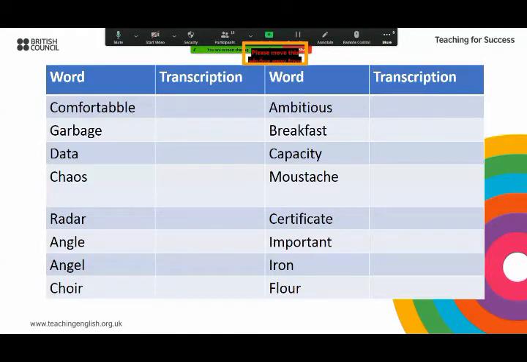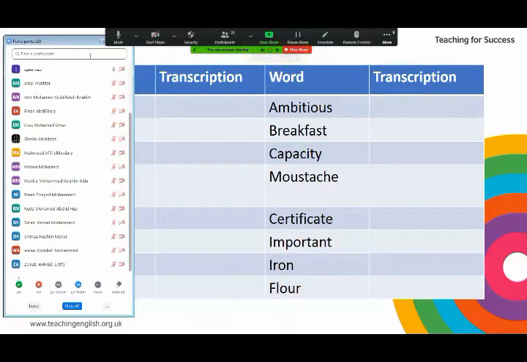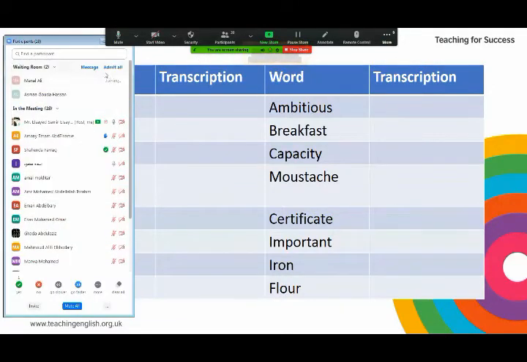So the first one, who can pronounce it? The first word, who can pronounce it? Who's speaking? Miss Shahinda.